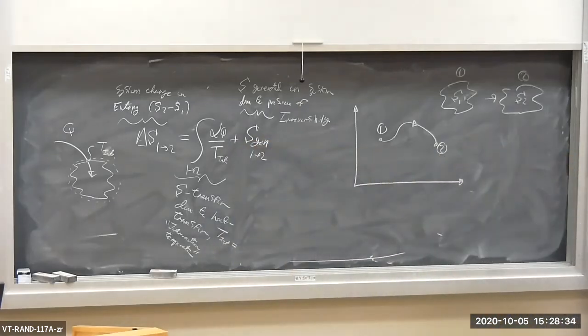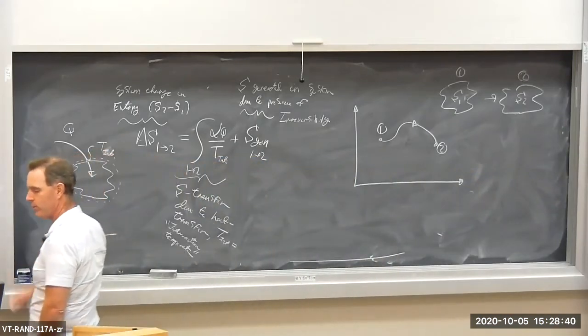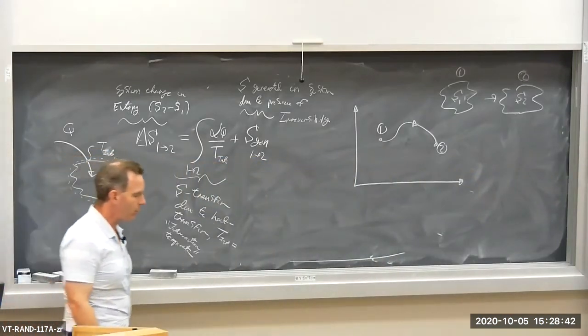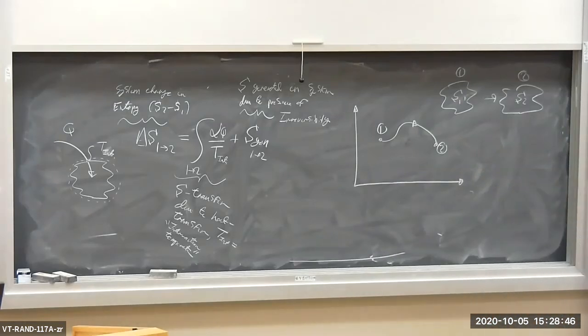So if there are irreversible processes within the system going on, unrestrained expansion, friction processes inside of our system, heat transfer across a finite temperature difference inside the system, that'll show up as a positive S-gen in our entropy balance.